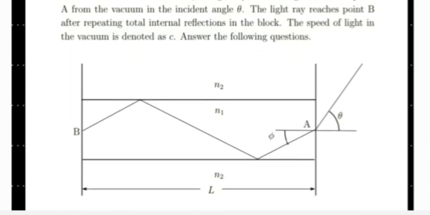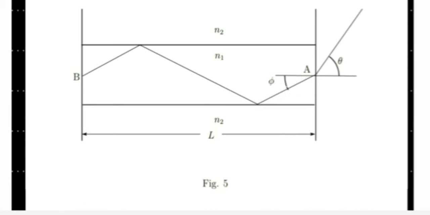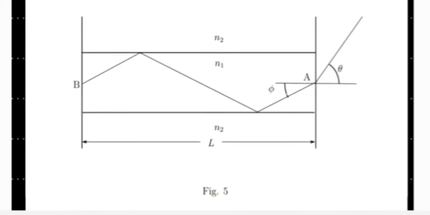Now if you want to try to solve it by yourself, go ahead. Now let's go to solving 5.1. He's asking you for the expression for this sine of omega. So remember the first thing that we said. We have that the n of this part over here is 1, because he told you that it's coming from the vacuum.